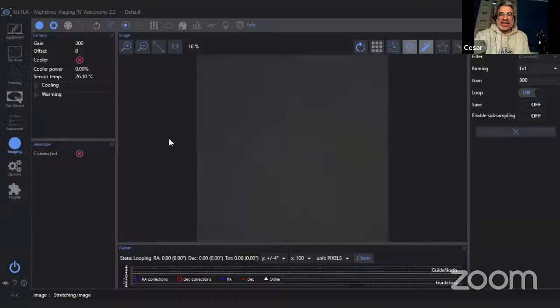Well, cloudy, of course. Can you hear me? Yes. But thinking of the possibility of having a lot of clouds in the sky here in Buenos Aires, I can show you my screen now, my live image, where the telescope is pointing to nothing, but nothing.